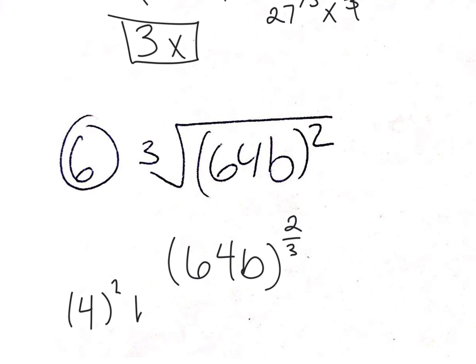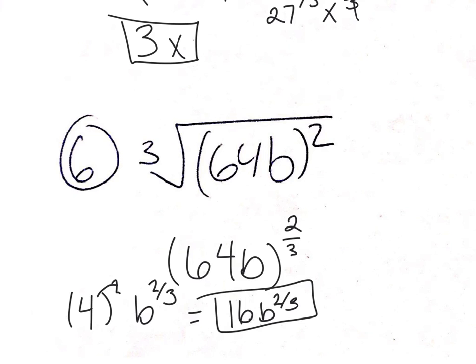And then we have b to the 2/3, because we just convert that since we don't know what the cubed root of b is, but it's still squared as well. That turns into 16 b to the 2/3. That's an answer as well.